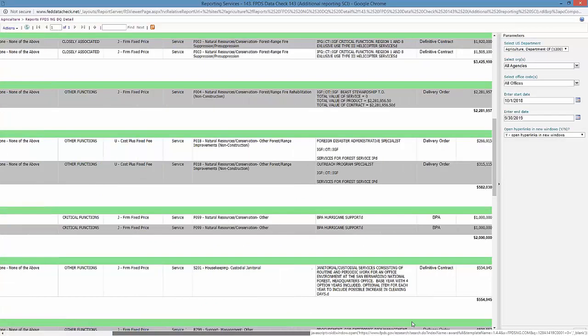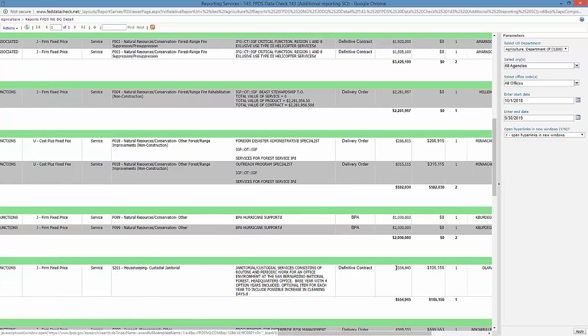Now if this one had been, instead of 554, 494,000, then it would not have been in violation of FAR 4.1703. So pretty straightforward, right?